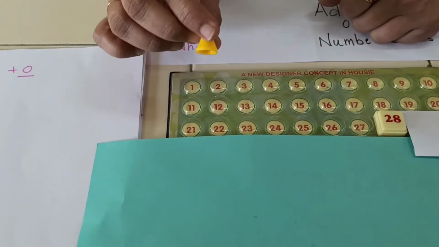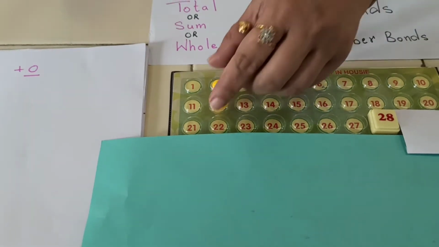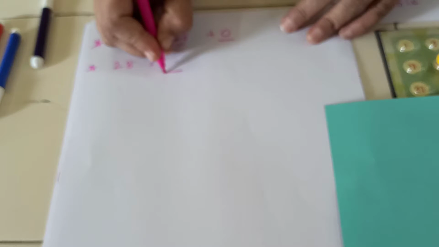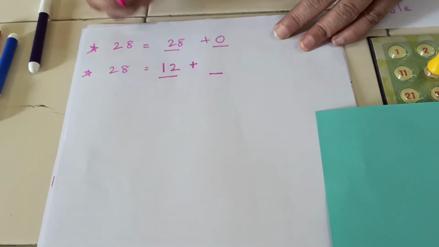For the next set of combination, I am going to choose 12. So I'll keep this on 12. That means my first addend is 12. So I'll write here my first addend as 12 plus dash.